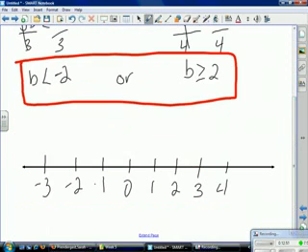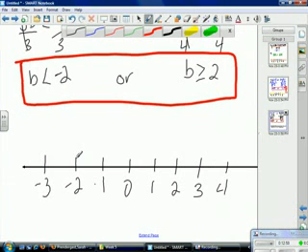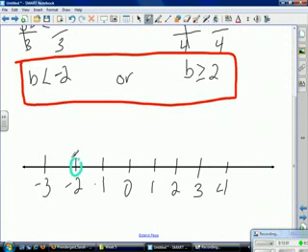I'm going to graph in turquoise. So first I'm going to do the inequality on the left. So I'm going to go to -2 and draw an open dot because we have b is less than -2. And then draw our arrow off to the left to indicate b is all numbers less than -2.